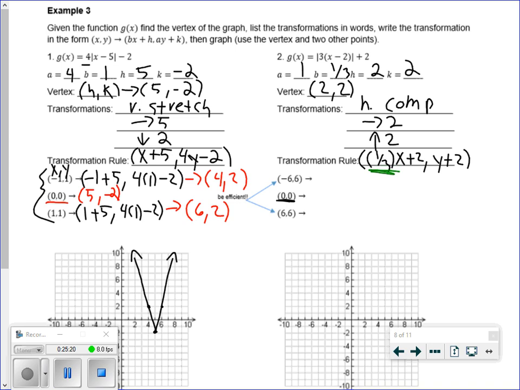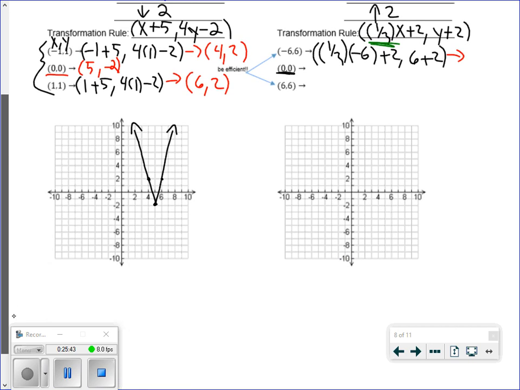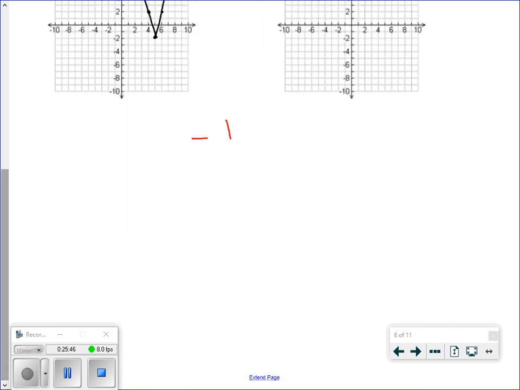All right, -6. If you multiply that with 1/3, we'll see right here, we have 1/3 times our x value of -6 plus 2, comma 6 plus 2. If we try to solve this out, this 1/3 times that -6 is going to cancel out, and you're left with -2. Just a quick reminder of some fractions: 1/3 times -6.